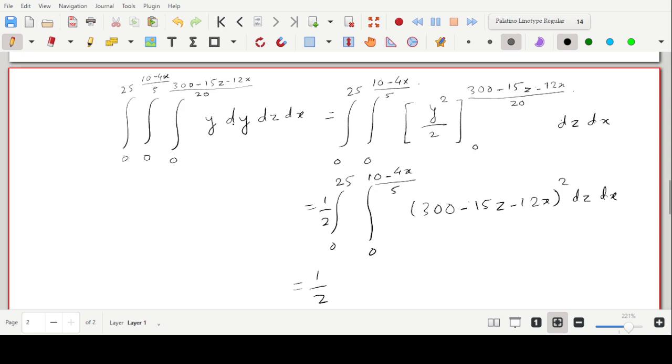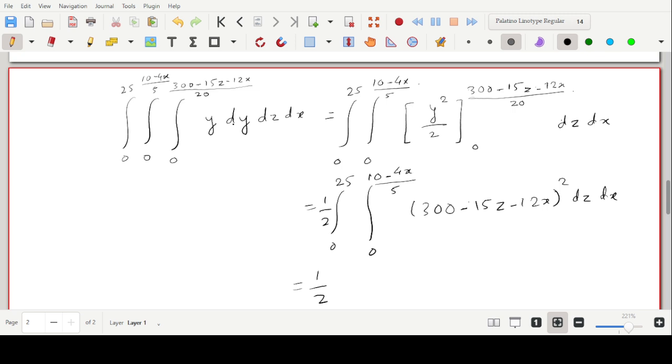Now here I think a change of the order of integration can work well. When we are integrating y, we better keep it at the end.